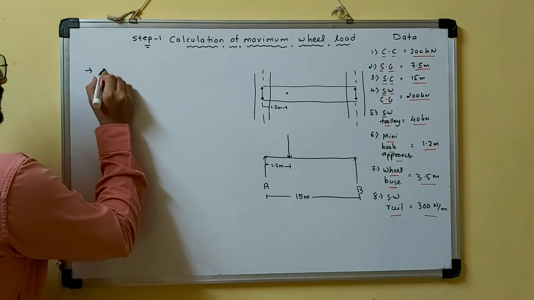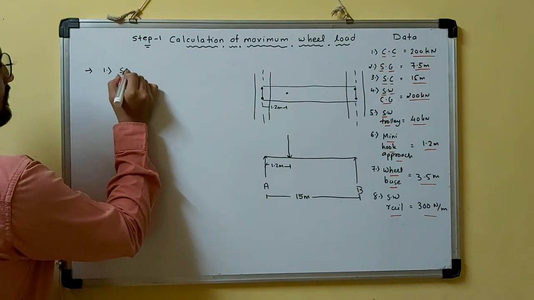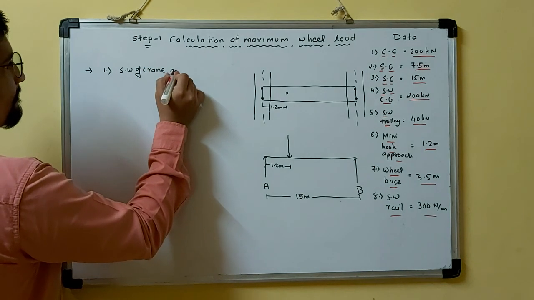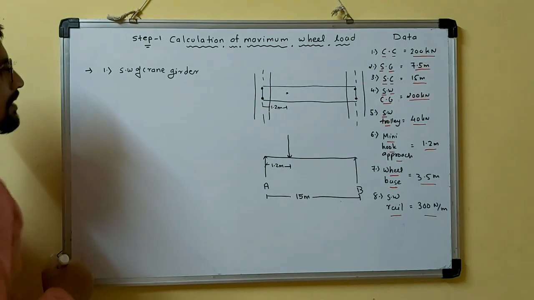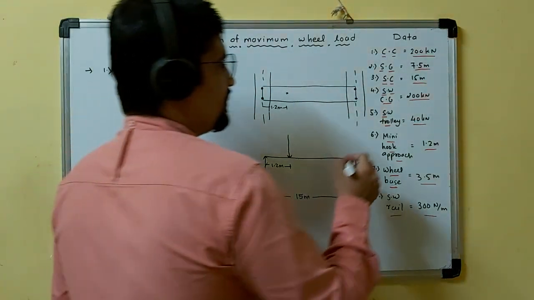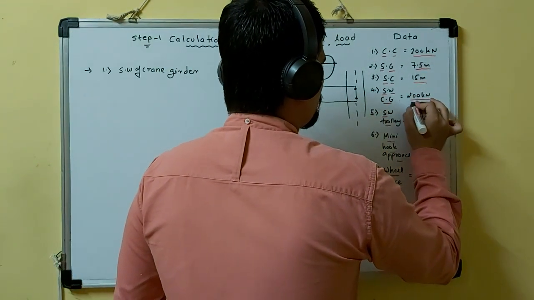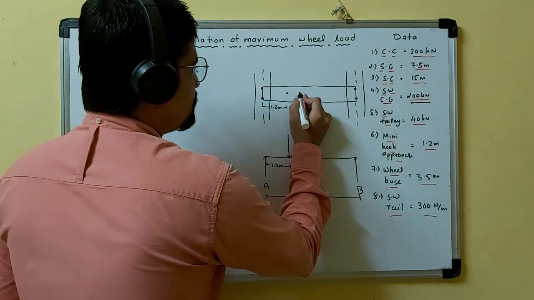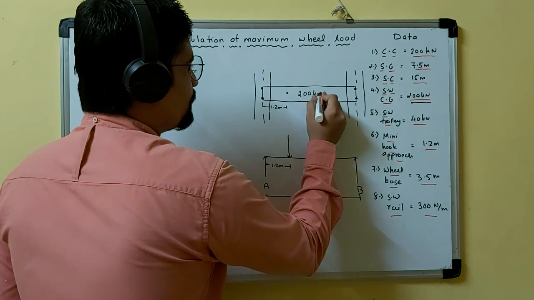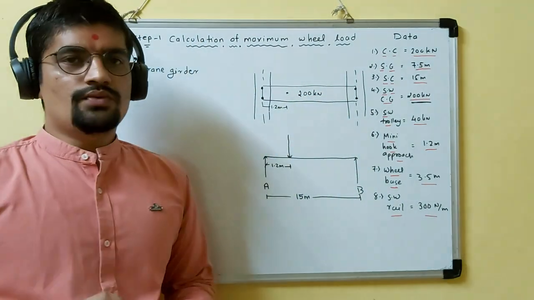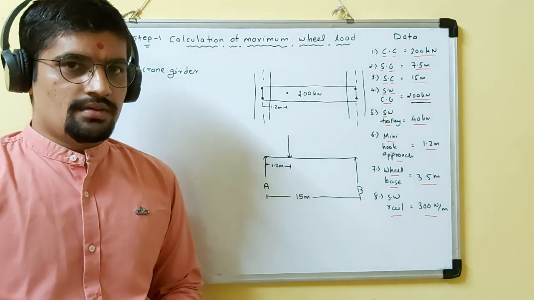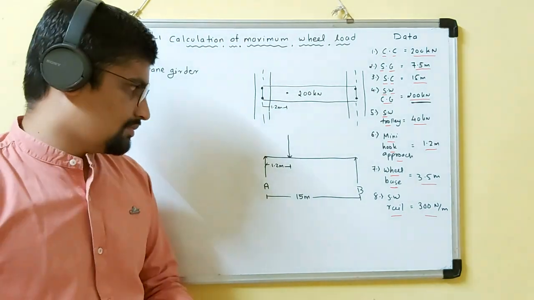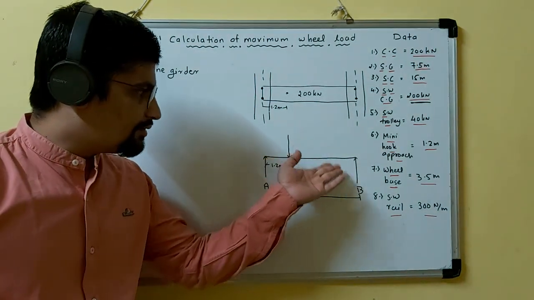First load will be the self weight of the crane girder. We know the self weight of the crane girder is given as 200 kilonewton. But 200 kilonewton is a self weight, and we need to define it per meter, because we need to know where we can put the 200 kilonewton load.